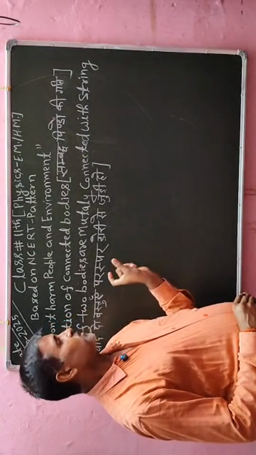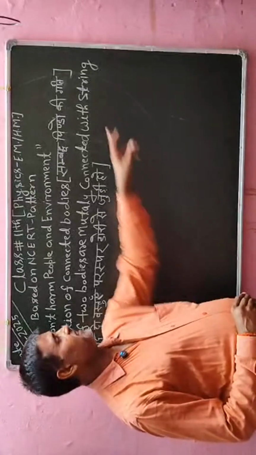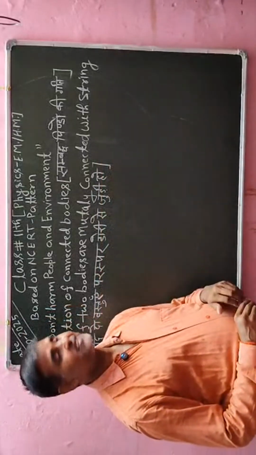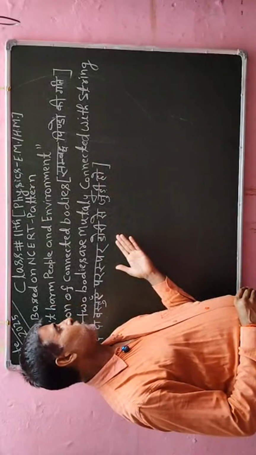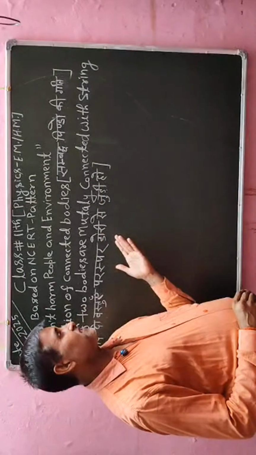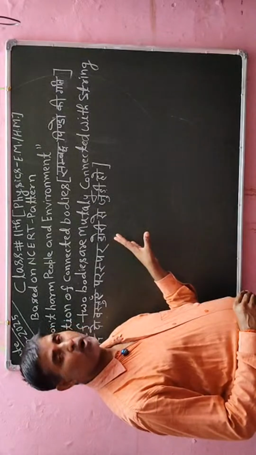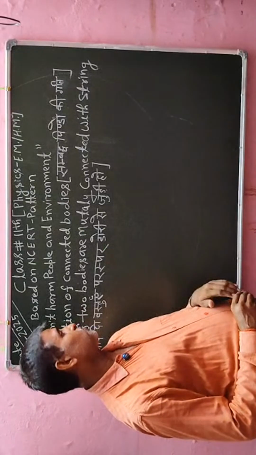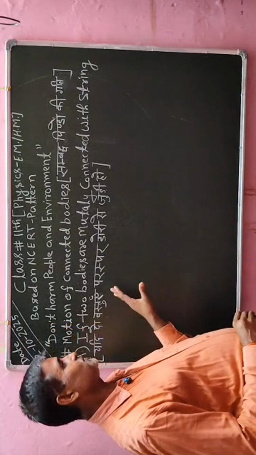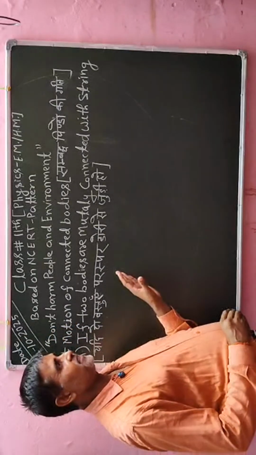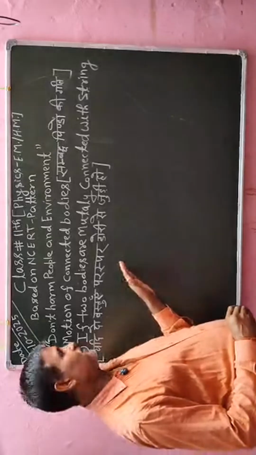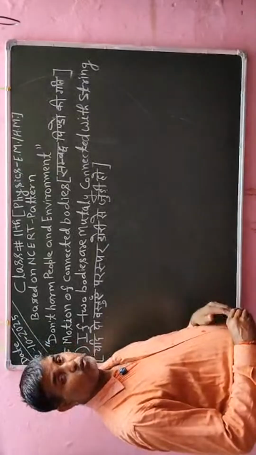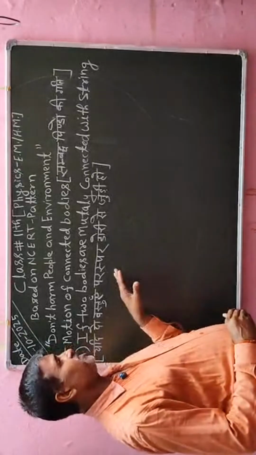In this case we have to calculate the force of tension between these two objects, and also the acceleration of both bodies. I will explain with a diagram, then do the mathematical calculation, and then give some numericals on this topic.